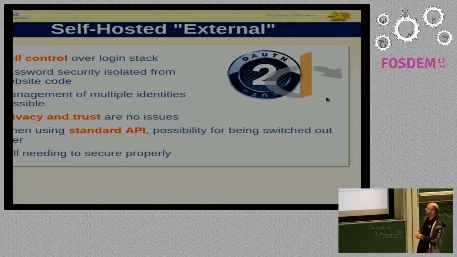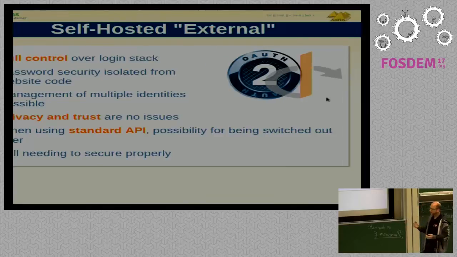Management of multiple identities is possible if I write it that way. Privacy and trust are no issues because I don't need privacy from myself. I already know who logs into my website, so I'm not telling that to anyone else. And I hopefully, as I said before, can trust myself.